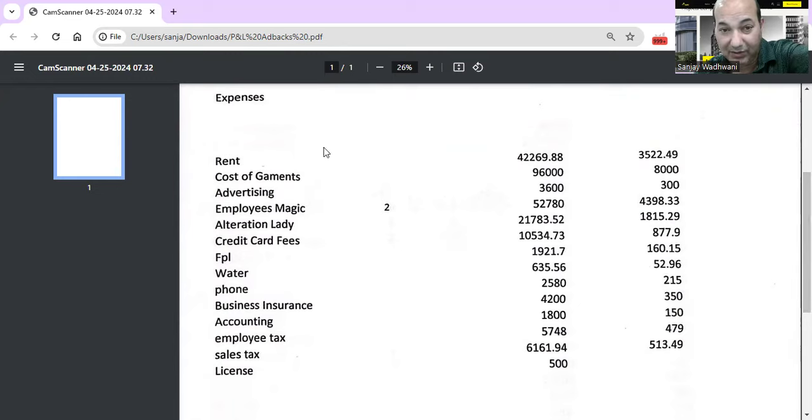So for example, the rent we know is an expense for the business, but cost of garments, it's a dry cleaning place, cost of garments, no. Basically, there's the catch right there. $8,000 a month.